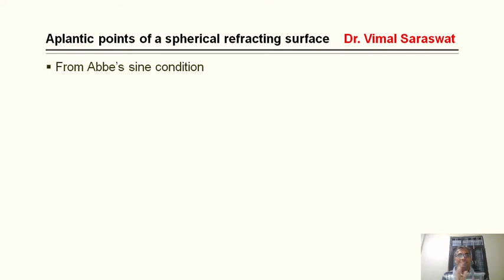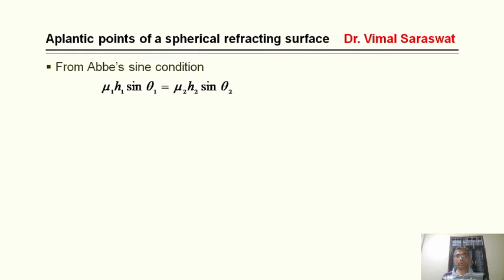Now, in the last lecture we discussed Abbe's sine condition. From Abbe's sine condition we have mu1 h1 sin theta 1 is equal to mu2 h2 sin theta 2.